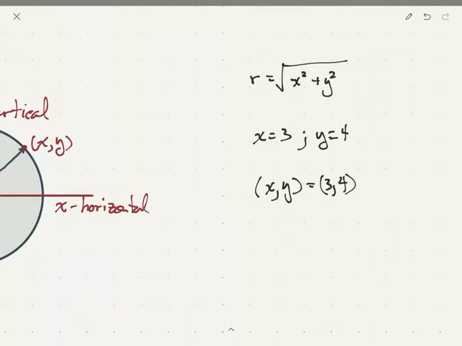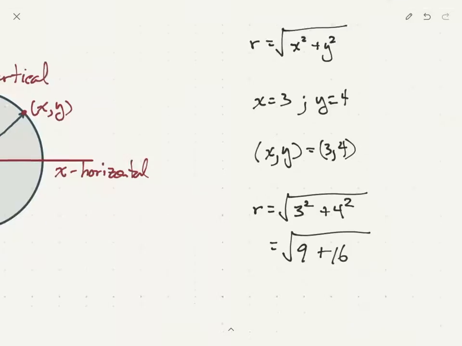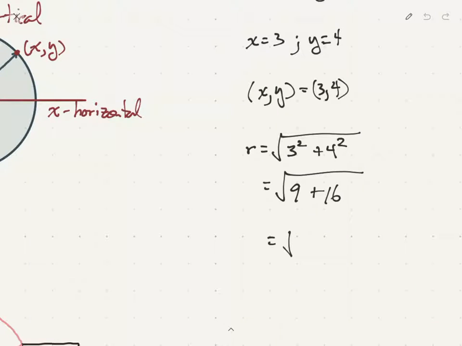So if you see something written like this, you know that it's x, y. That means that R is equal to the square root of 3 squared plus 4 squared, which equals the square root of 9 plus 16, which is the square root of 25. And that means that R is equal to 5. Famous 3-4-5 triangle. Okay? That's it.